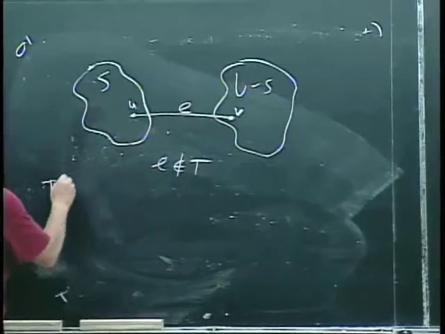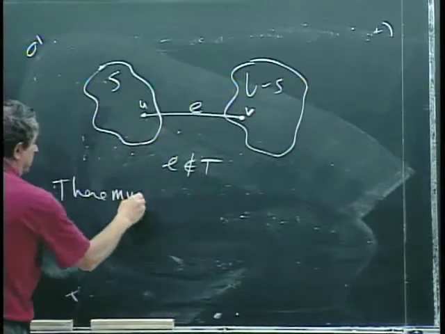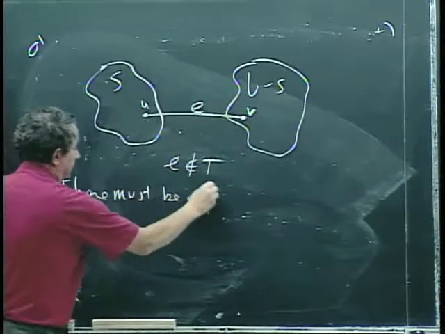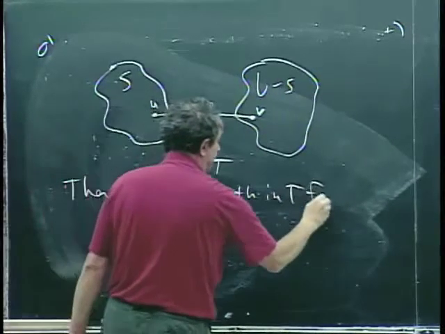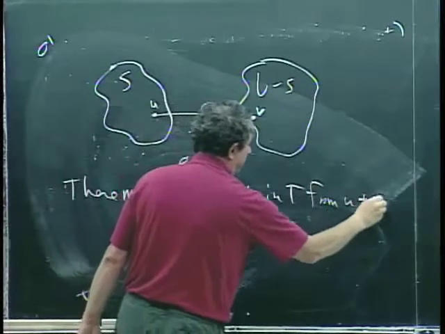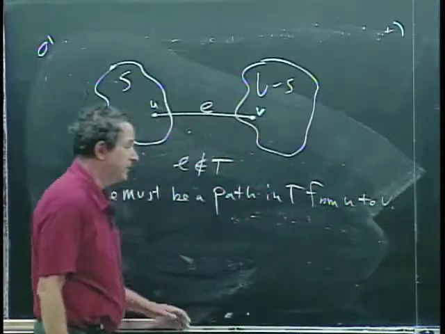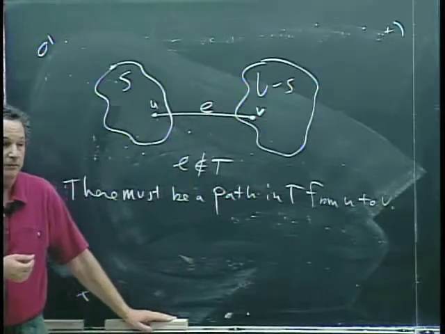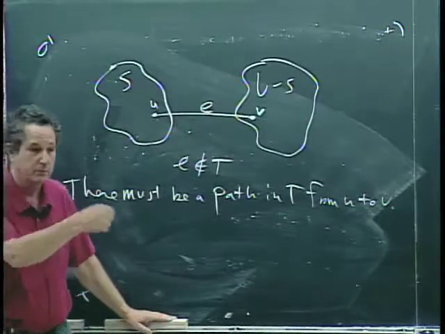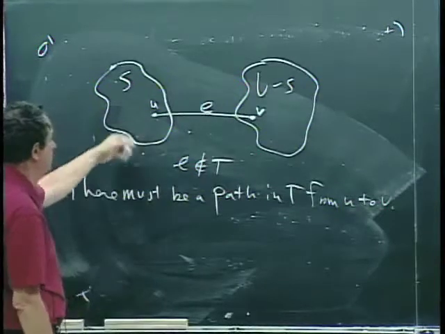Okay, there must be a path in T from U to V, because again, that's the requirement of a spanning tree. It connects together all of the nodes, and from any node you can get to every other node.